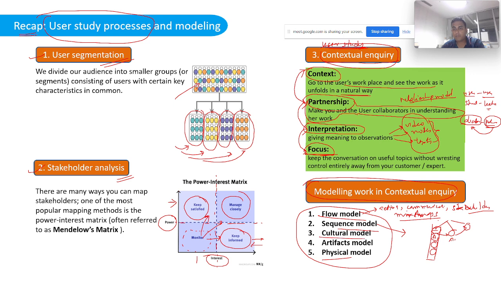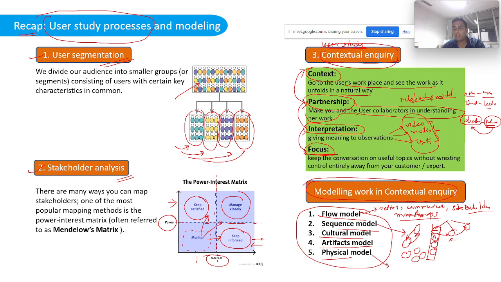Similarly, there are cultural models that define how two stakeholders influence each other in particular decision making. Then the artifacts model defines all sorts of probes on artifacts, equipment, and tools that are part of a system and help in doing particular activities.